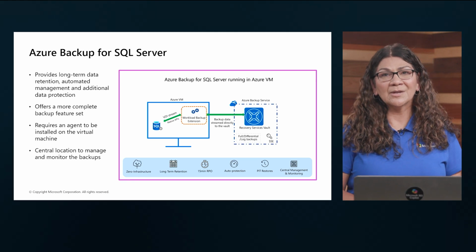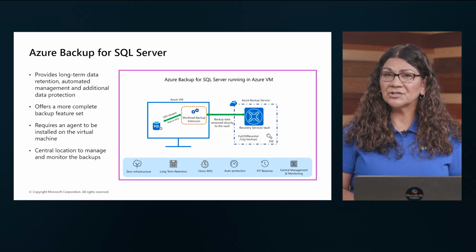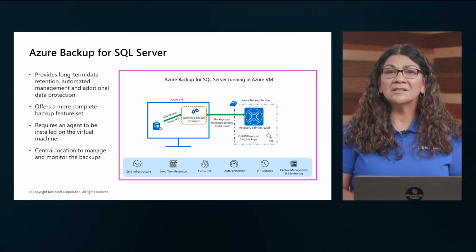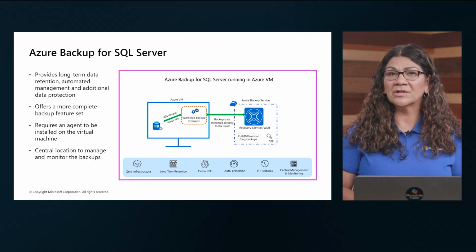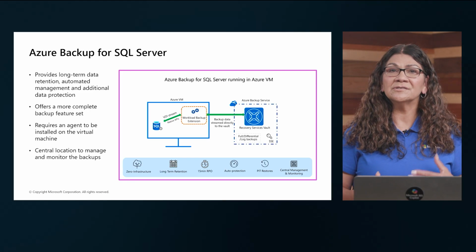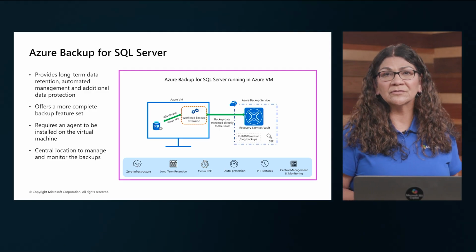To enable automatic backups, an agent must be installed on the virtual machine hosting the SQL Server. This slide shows how the backup process integrates with the Azure service, using components like the workload backup extension and the recovery services vault.